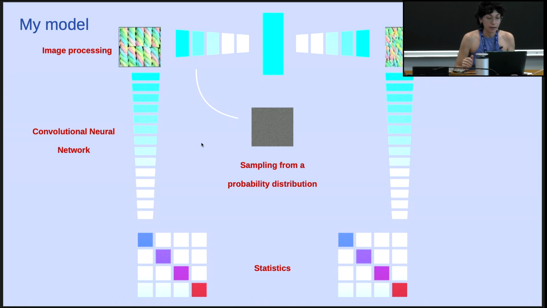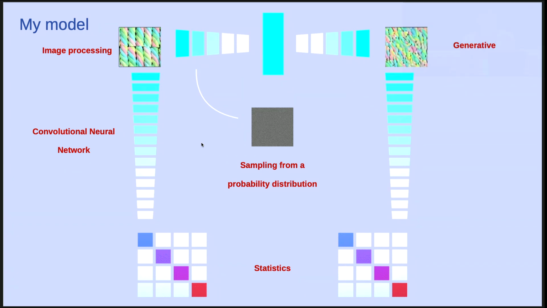And again, the way the model learns how to compute this texture is by means of these matrices that you see at the bottom, that very simply calculate low-order statistical correlations among pixels in these images. So the functioning of my model is very complicated, but keep in mind that it is still going under the assumption that textures are modeled on low-order statistics.